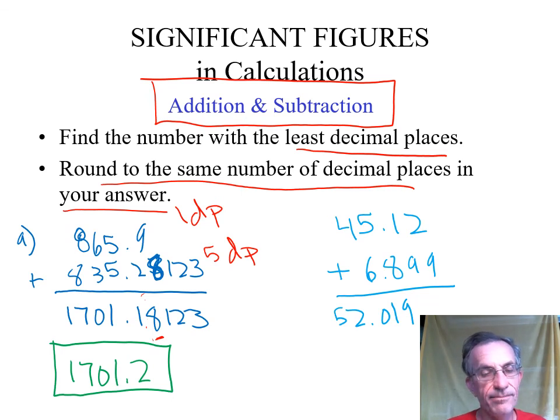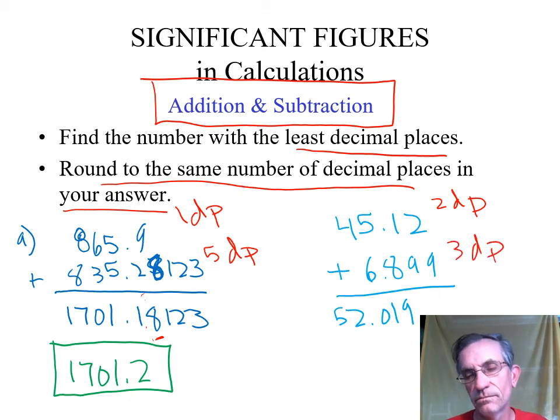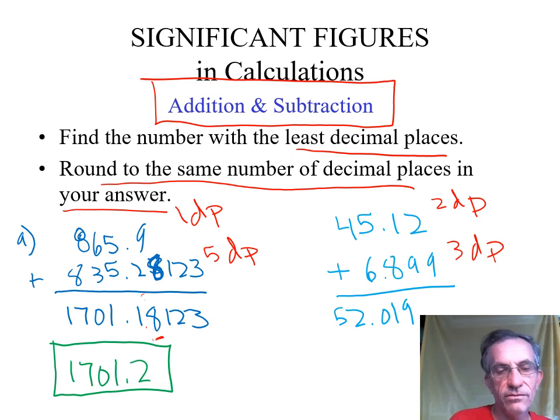Every number you're going to give me from now on is going to be rounded. So the way you'd round it, look at the numbers I gave you, go by decimal places. 2. 3 digits after the decimal. How many should be in your answer? 2. You're going to round right here. Now this is a 9, so we got to go up, right? We're going to go up again. So I only want 2 digits in my answer, so it should be 52.02.